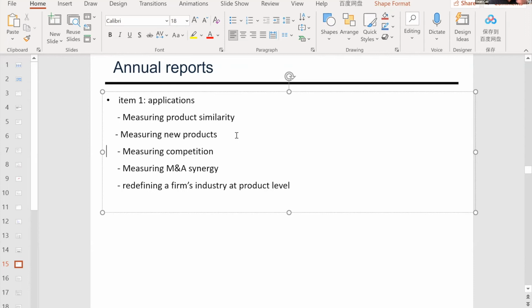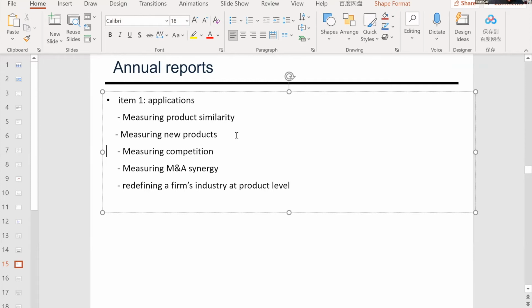You find something new, that is a new product. You can measure competition. So how do you measure competition? Think about it. If this year only 2 people have similar product with me, but next year 10 people have similar product with me, does that mean my competition rises?